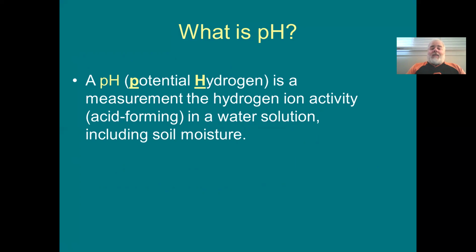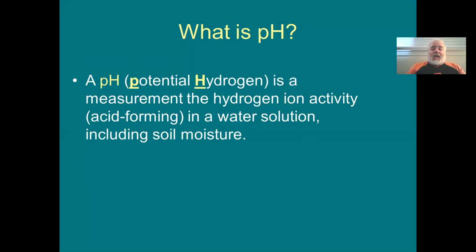pH literally means potential hydrogen, or it can be talked about as the hydrogen ion activity. The hydrogen ion activity is the acid forming activity in a water solution. We don't literally call it the hydrogen ion concentration because technically it's a little more complicated than that.